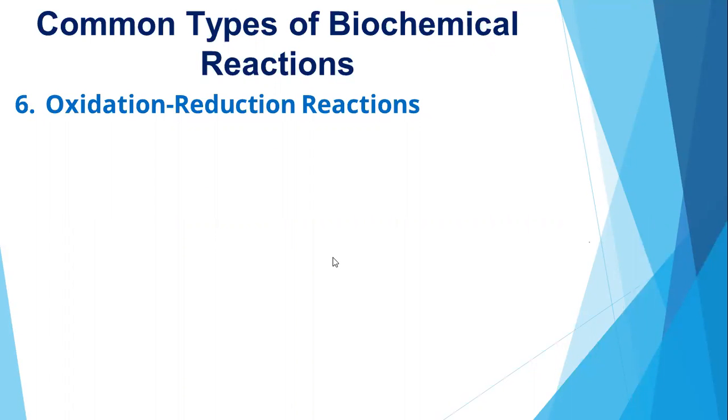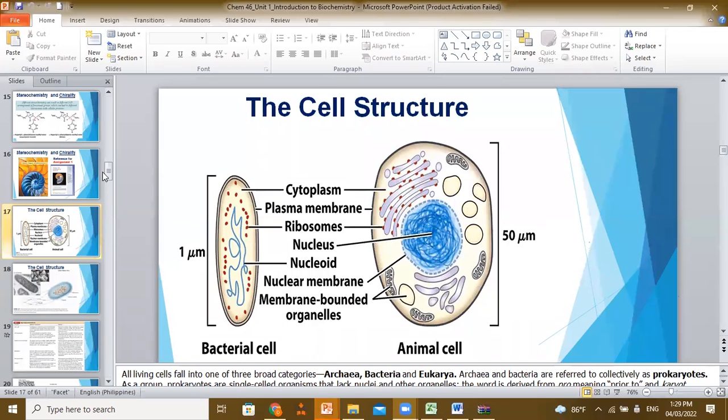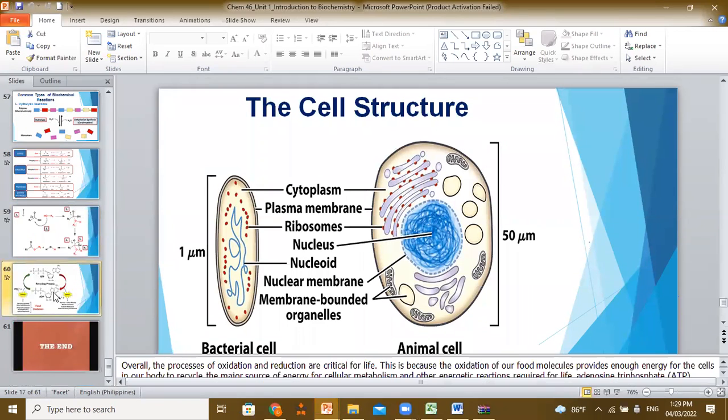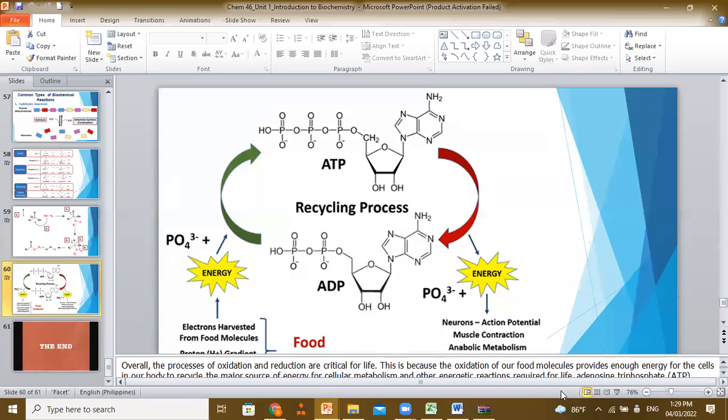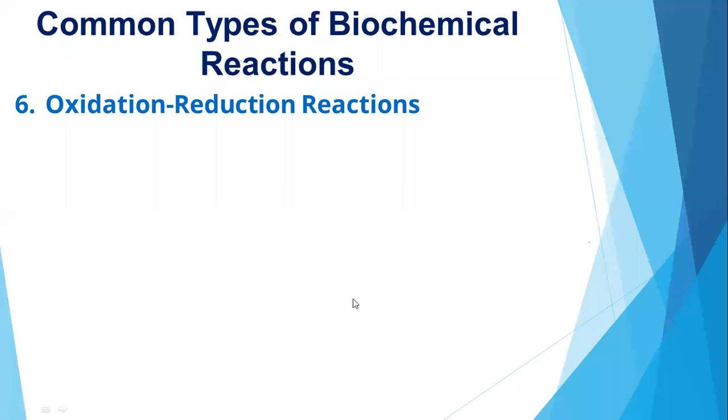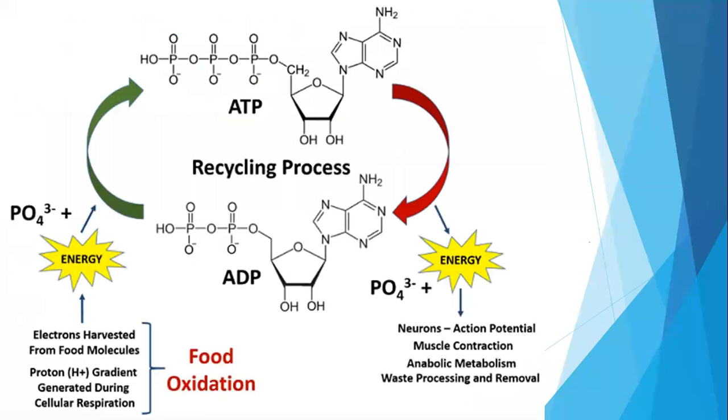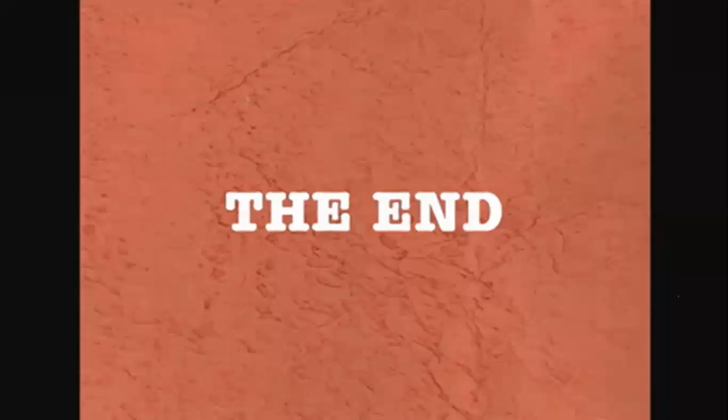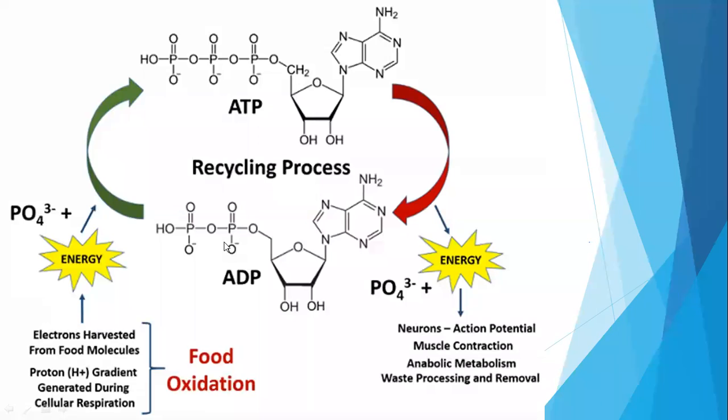For oxidation reduction reactions, you can find them, for example, in the energy production process. Usually we involve ATP during the cellular respiration reaction. So that is the oxidation reduction reaction.